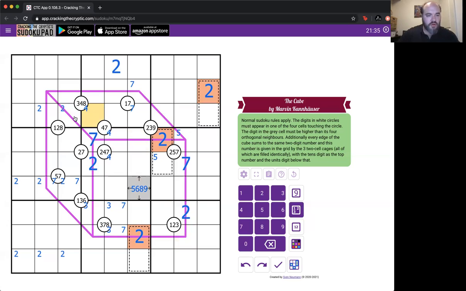One could be a 4. We've got 3, 4, 8 right along here. Possibility of a 2. Oh, it can't be 25.